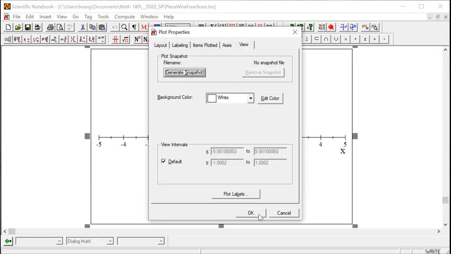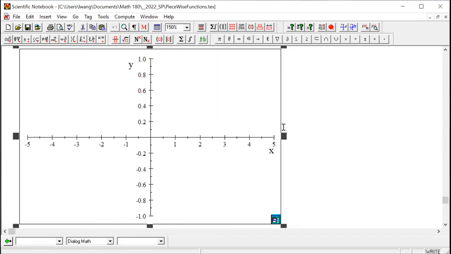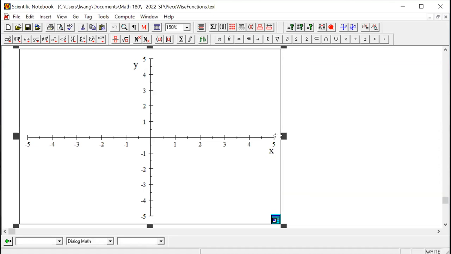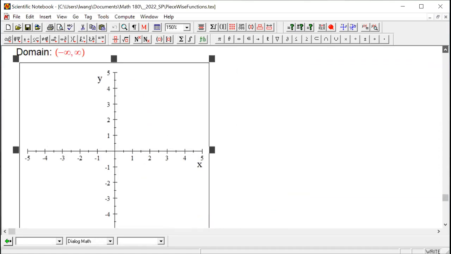For this rectangular system, I'm going to set up the frame, just for now. All right, so that's the rectangular system.